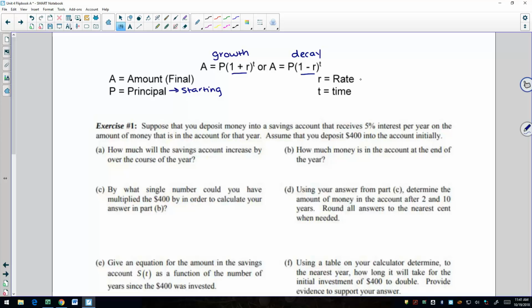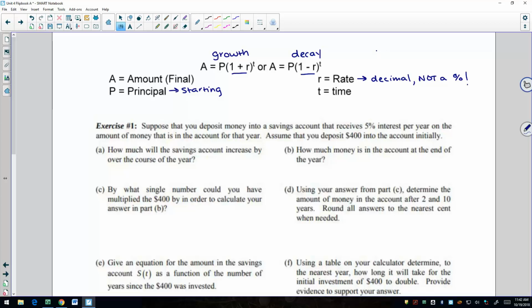R is your rate. Now you have to be careful because when you plug in the rate, it needs to be in decimal form, not in the percent form. So you need to convert. If it is given as a percent, which if you glance down here at exercise 1, it is. It's given as 5%. You need to convert it into a decimal by dividing by 100.